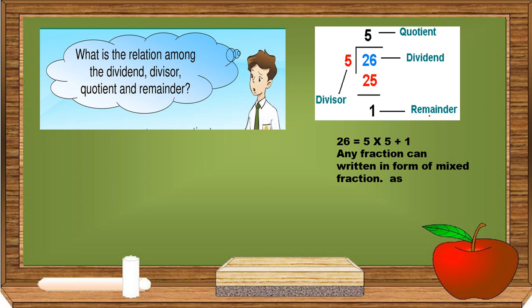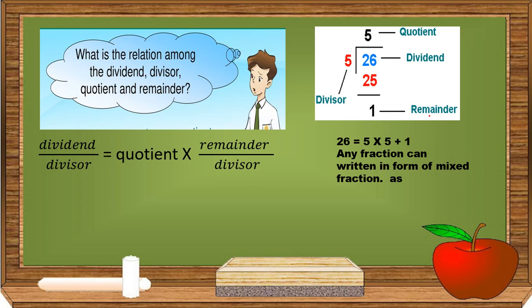Now any fraction can be represented in the form of a mixed fraction. Compare this 26 upon 5 written as a mixed fraction, as we have done in earlier classes.